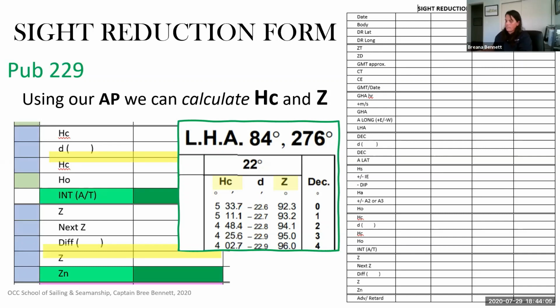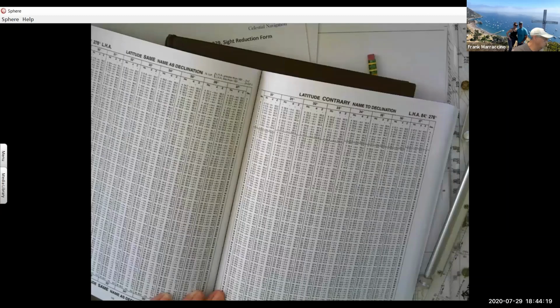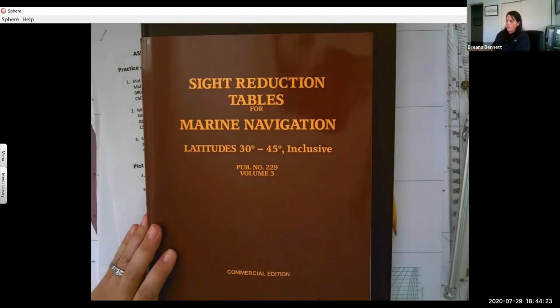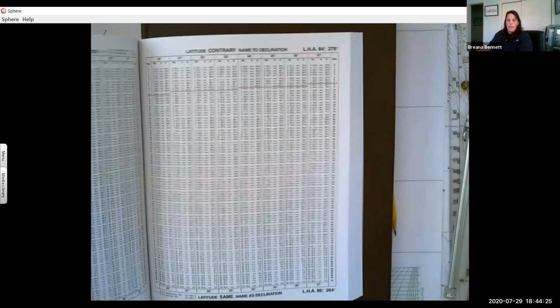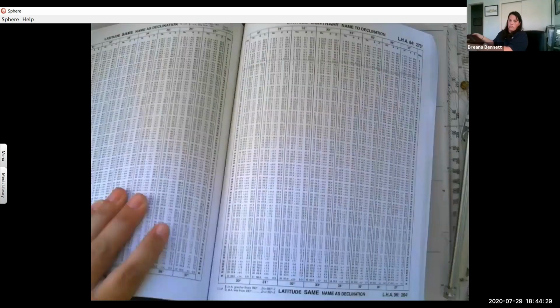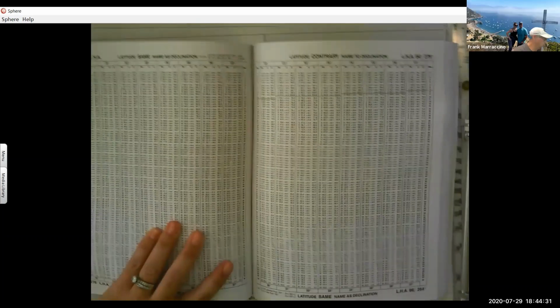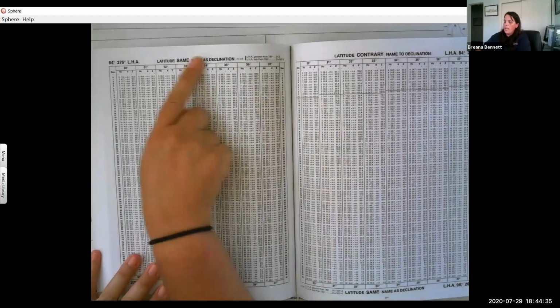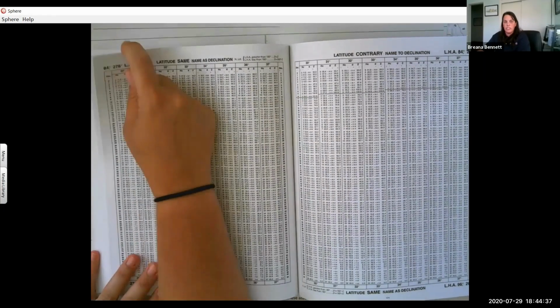I will have it out too. So here is 229. On the book, we have LHA on each page number.